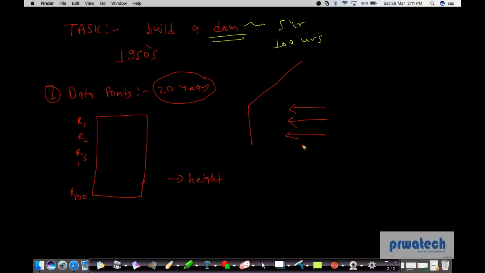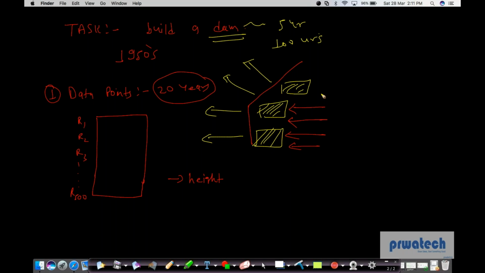This is my water upstream coming towards the dam, and I can create different channels and gates based on it, and channelize this water towards villages, or use it for hydropower, electricity generation and other activities. But first I need to know the height, so that I can predict the number in centimeters or meters.